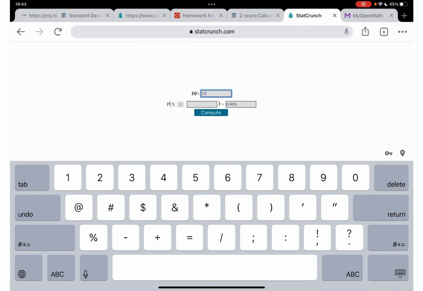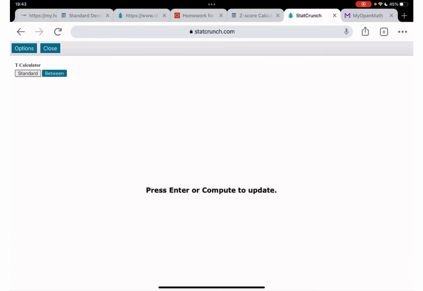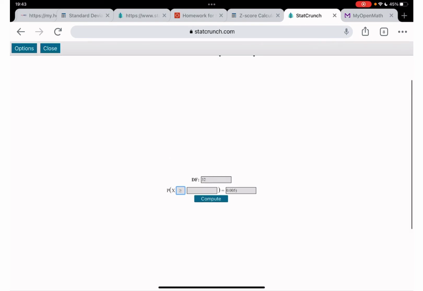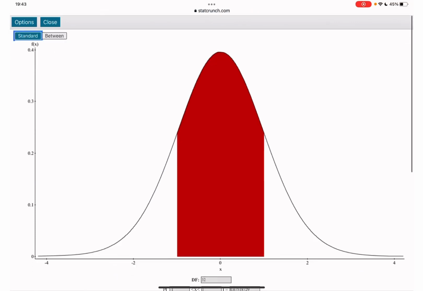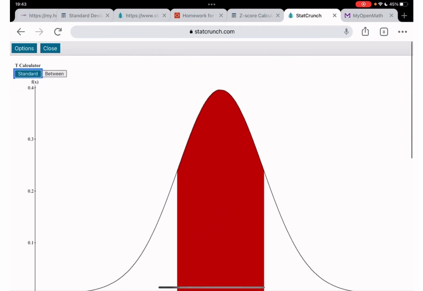And because it is left tail, there we go, then I don't touch anything. If it would be right tail, then I would change it to right tail. Or if it would be two tail, I would click here on between, and I would get both tails. But right now I am doing the standard one.